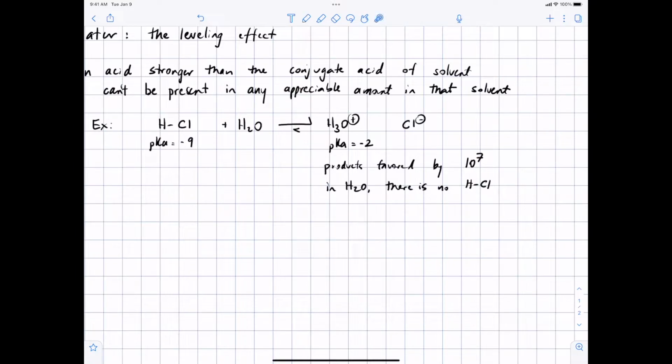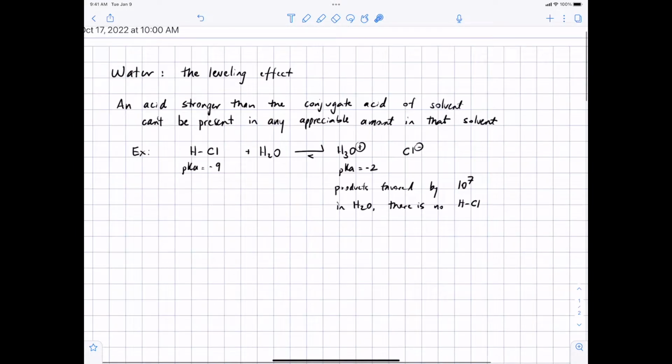So when you're in a solvent, part of the leveling effect, particularly of water, is that there are no acids in water that are stronger than -2 in terms of pKa, because if they were, they're just going to protonate water.